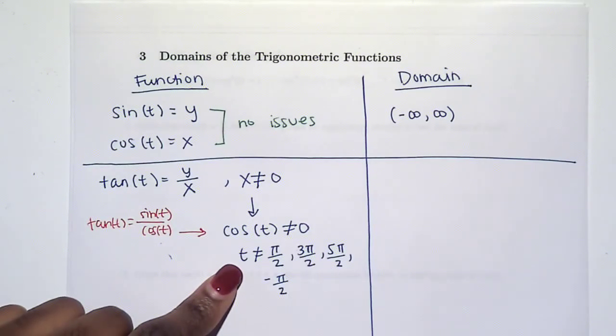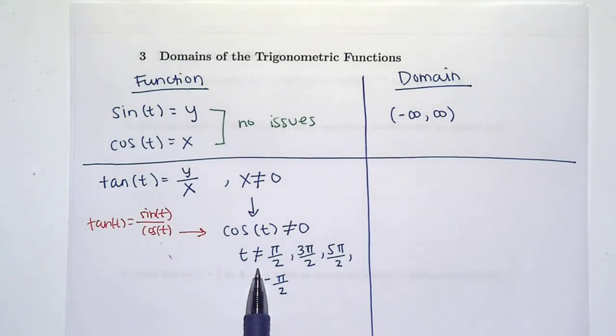And so we found on our unit circle that the different values for t that would make cosine equal to 0 are pi over 2, 3 pi over 2, 5 pi over 2, and negative pi over 2. And there are also many more.